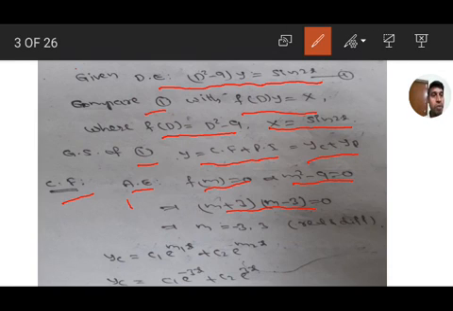Therefore m equal to minus 3, 3. So the roots are real and different. So the general solution is yc equal to c1 e to the power of m1x plus c2 e to the power of m2x, that is yc equal to c1 e to the power of minus 3x plus c2 e to the power of 3x.